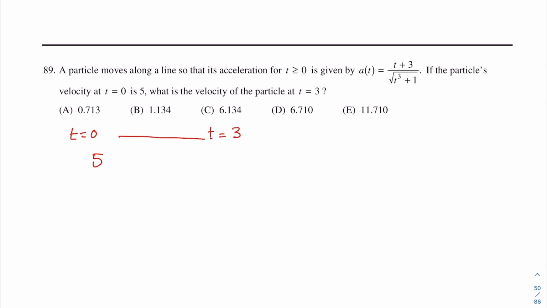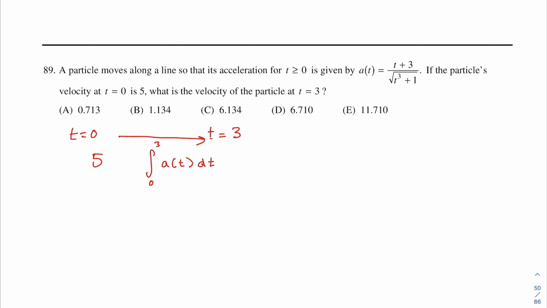So now this change is just the integral of our acceleration. Because the integral of our acceleration is acceleration times time for all the points in that period. So it's the integral from 0 to 3 of a of t dt. So this quantity here gives us the change in velocity.